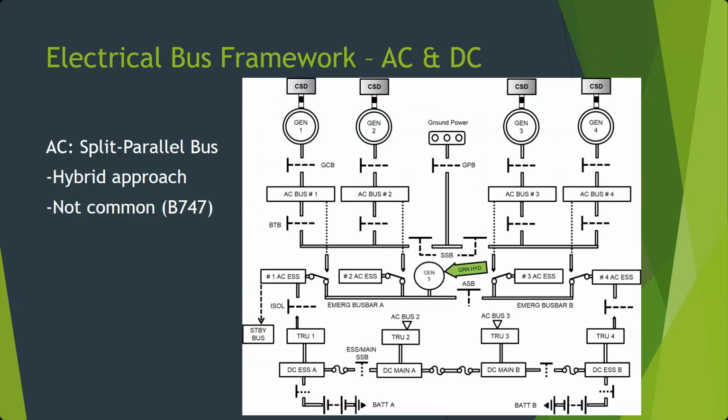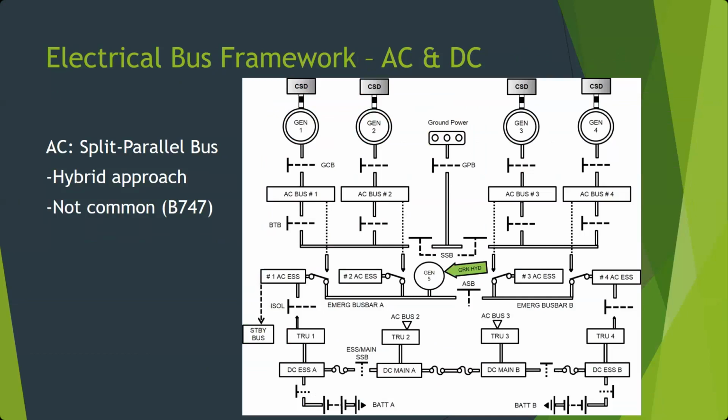And generators 3 and 4, which are the right 2 engines, power AC buses 3 and 4. They're linked together through a sync bus, but normally 1 and 2 together are not connected to 3 and 4 in flight. So that's where the term split parallel comes from.